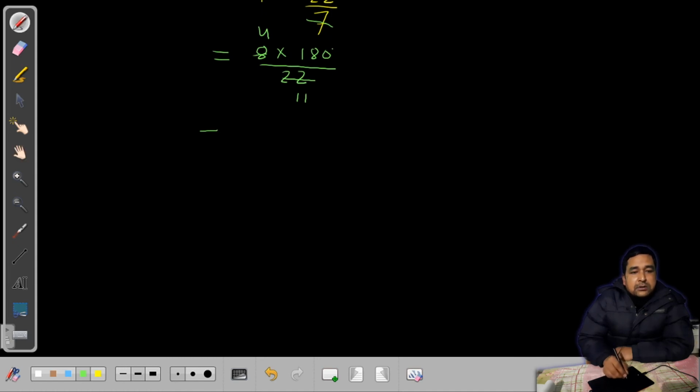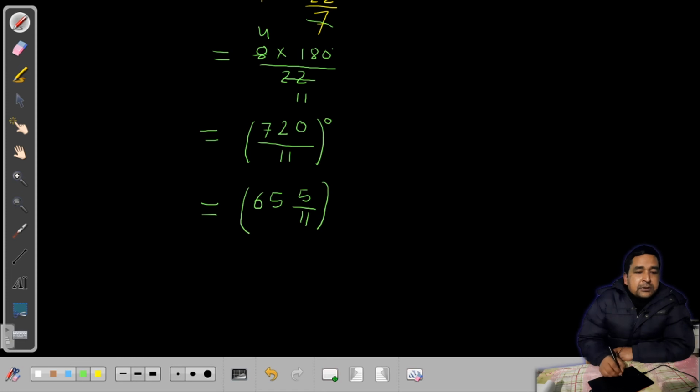Now this is equal to 4 multiplied by 180, that is 720 upon 11 degree. Now get the mixed fraction of this. 11 6s are 66, 11 5s are 55, then 5 upon 11 is the mixed fraction.